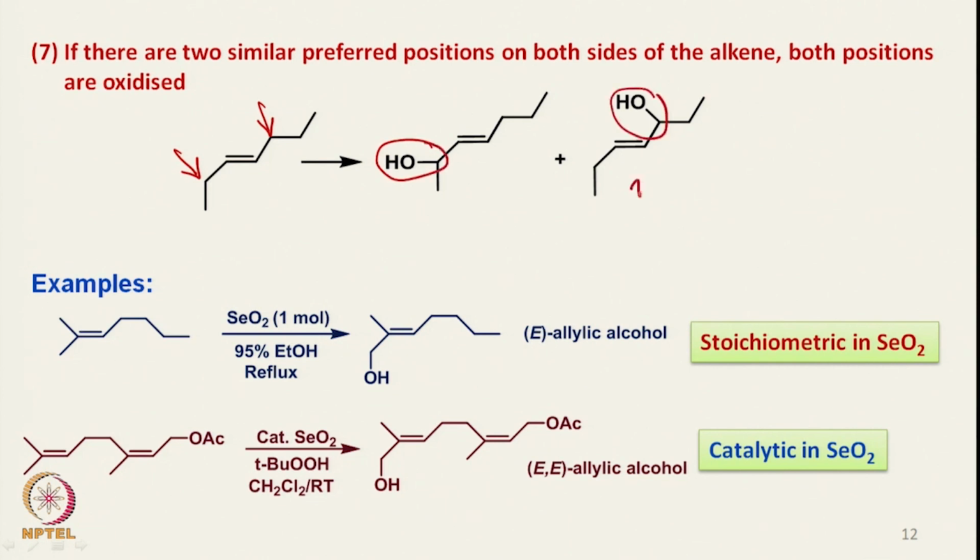So, a mixture is formed. If one wants to have only one of them, then of course you have to make sure that your substrate does not contain two similar positions which are preferred.